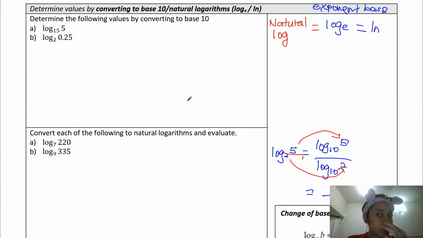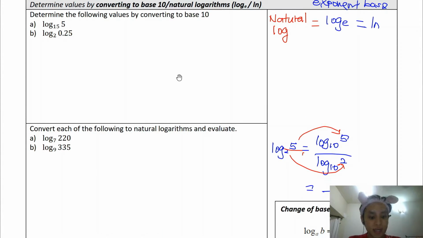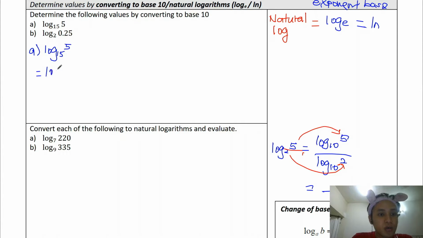I'll show you an example right here. The first question is by converting to base 10. This one is very simple. They already tell me that I need to convert into base 10. So log 5 base 15, I change it into base 10, meaning log 10 of 5 on top stays on top, divided by log 10 of 15.